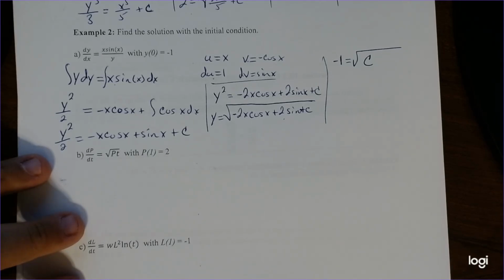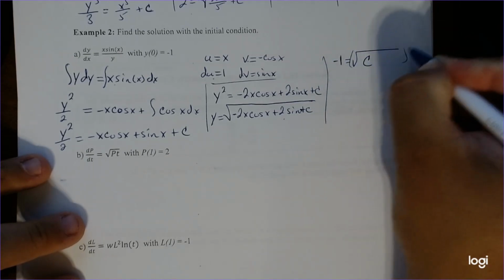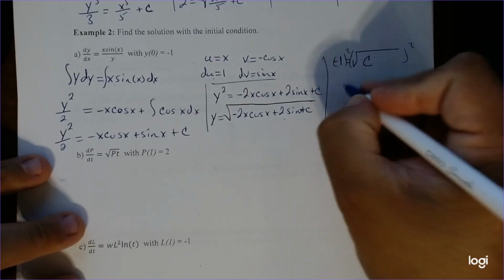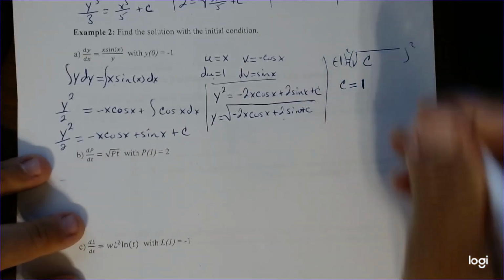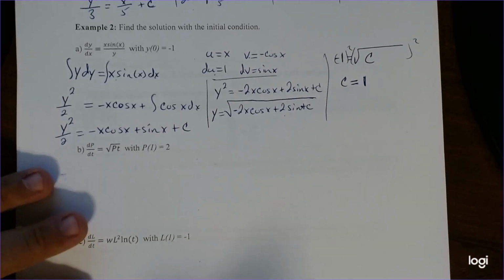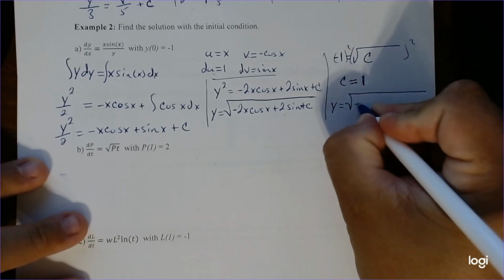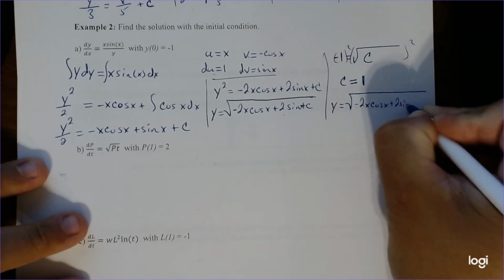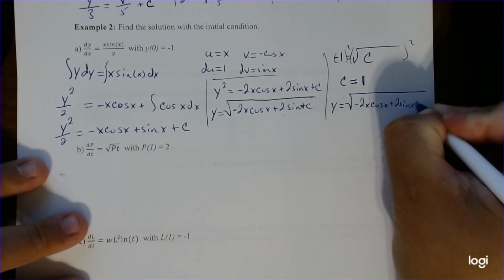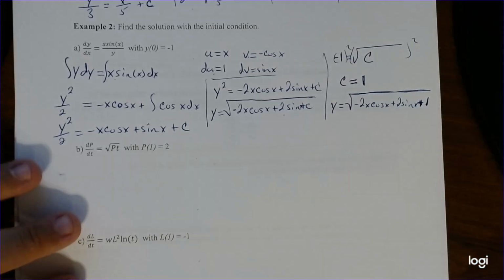Well, that's kind of interesting, because if you square both sides, c is equal to 1. All right, so therefore we have our equation. Now, here is the interesting part, though.